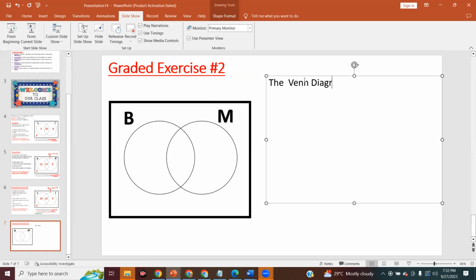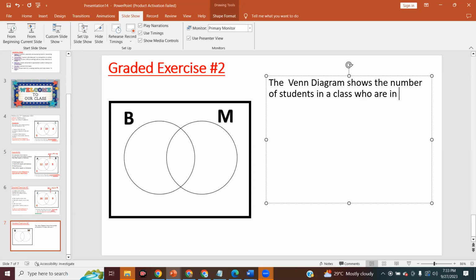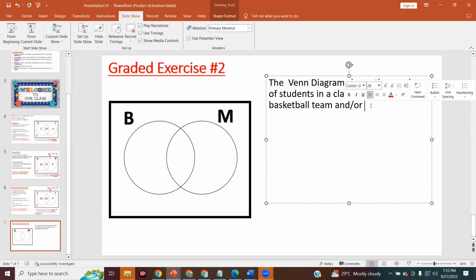The Venn diagram, write this down for me, please. The Venn diagram shows the number of students in a class who are on a basketball team and/or are in the math club.